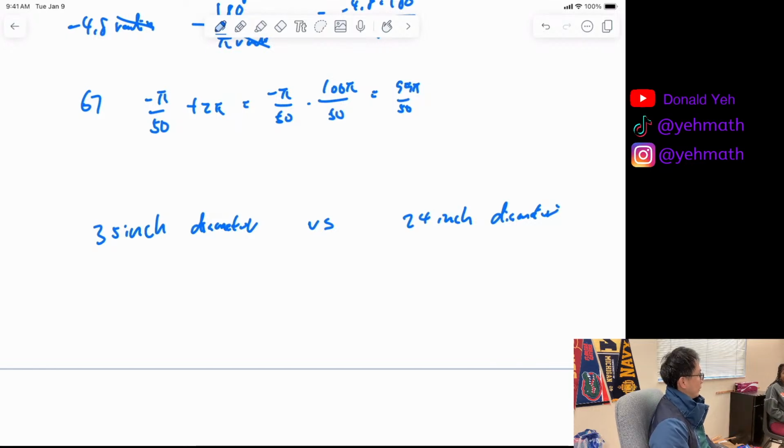Imagine that I'm running the same stride as Usain Bolt, the Olympic runner who ran 9.46. Imagine that I can make the same stride speed as him.